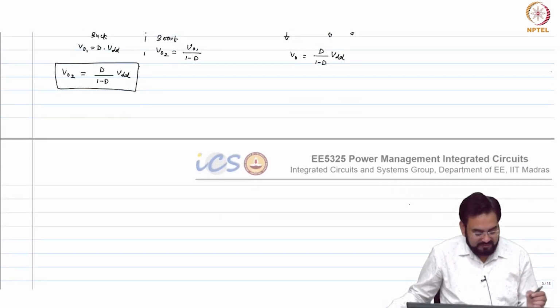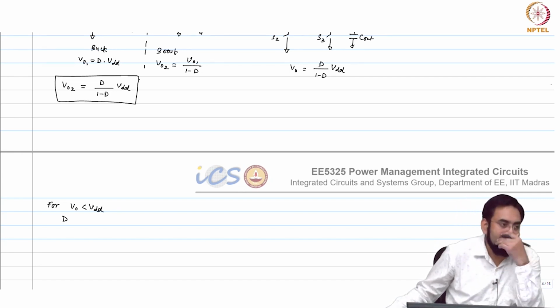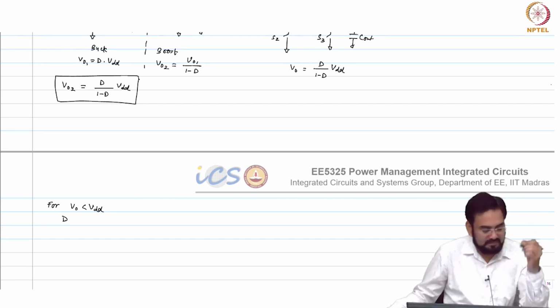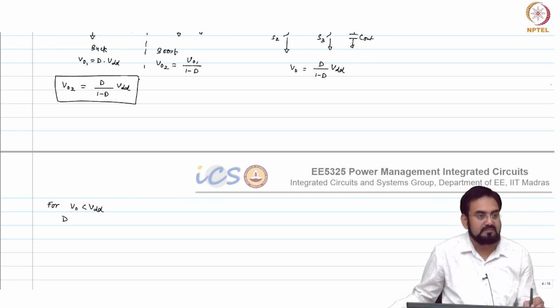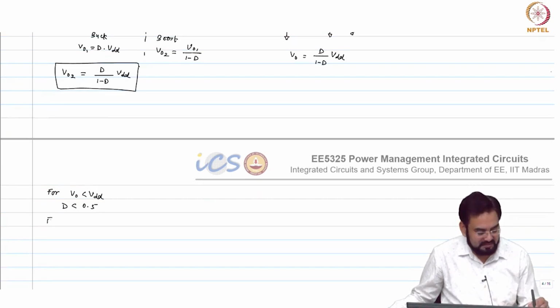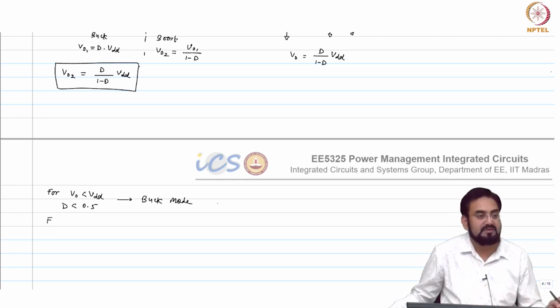So now for V out less than VDD, what should be the range of duty cycle? Less than 0.5. And this is your buck mode.